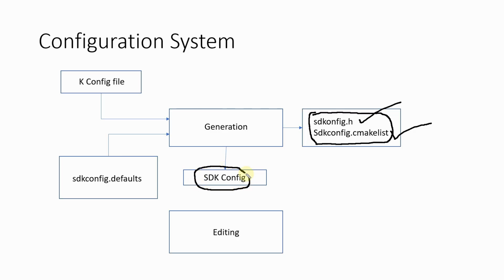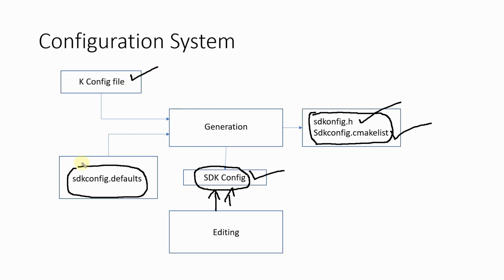The source for creating these two files is this sdkconfig file, and as I said, you can manually edit this particular sdkconfig, or using any GUI you can edit it, and Kconfig will help you generate these two things from the source of sdkconfig. The configuration system reads all the information about the configuration options from the Kconfig file.